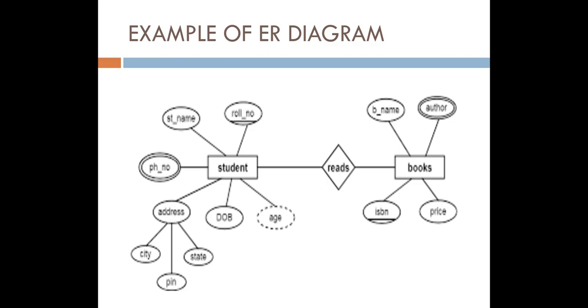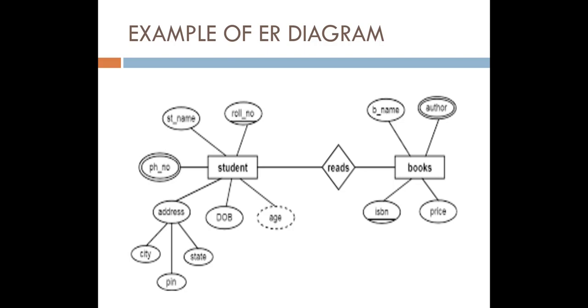Next, in the next part, we have taken the book as entity, which has the attributes book name, author, book ID, price. Here the book ID or ISBN will be taken as key attribute because if you want to distinguish one book from the other, we have to take the help of the book number or ISBN.